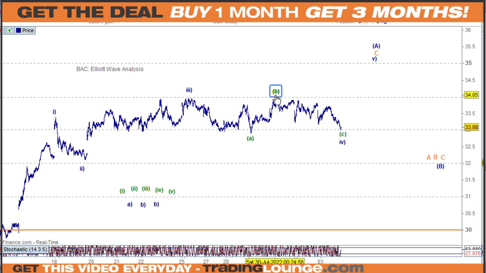So we'll have to look at this as some sort of C wave here, but obviously that has overlapping structures and is better fitted as some sort of WXY, but just for the purpose of looking at 3 waves for wave 4, that will be fine at this point. If you're going to go long here again, the 33.50 as a nicely tested support would be the area to go long at.